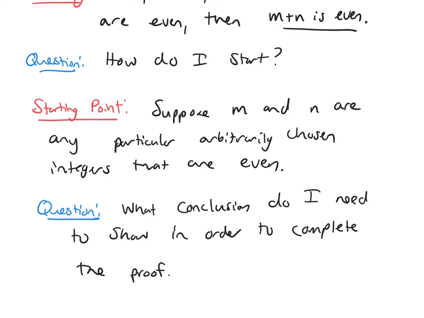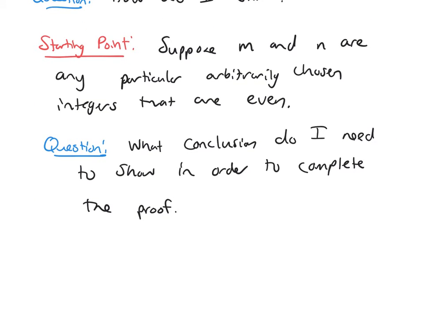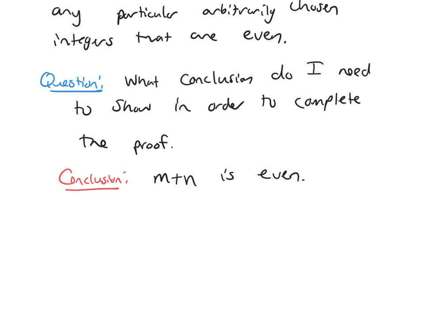So I need to show the conclusion that we need to reach. Conclusion is that M plus N is even. So I know how to start the proof and I know how to end the proof. So then really all that remains is for us to connect the dots.